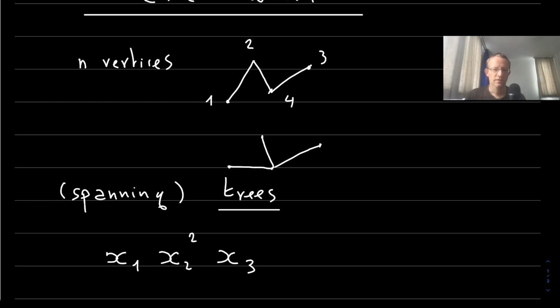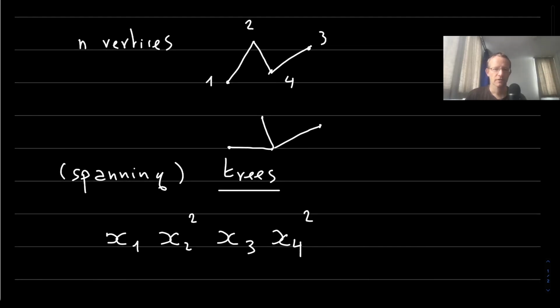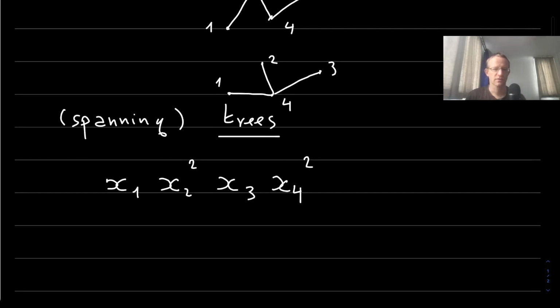So for instance, for the first drawing, we have x2 to the power 2 because the vertex is visited twice. If we label the second drawing, then the monomial associated to the second drawing will be x1, x2, x3, and x4 to the cube.